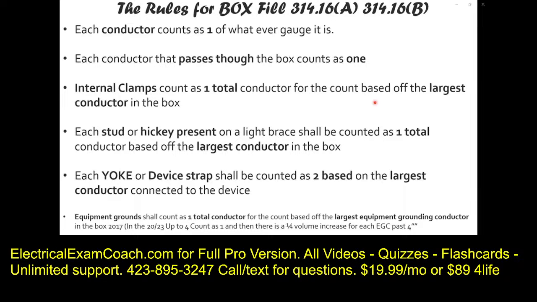So if I have 10s and 12s, it's only going to count as one number 10. Now in the 2020 and in the 2023, it's a little bit different. The questions will state what year I'm dealing with. Then when we get to the 2020 and the 2023, I'll let you know, and that way you can learn your respective lesson. Let's get to it.